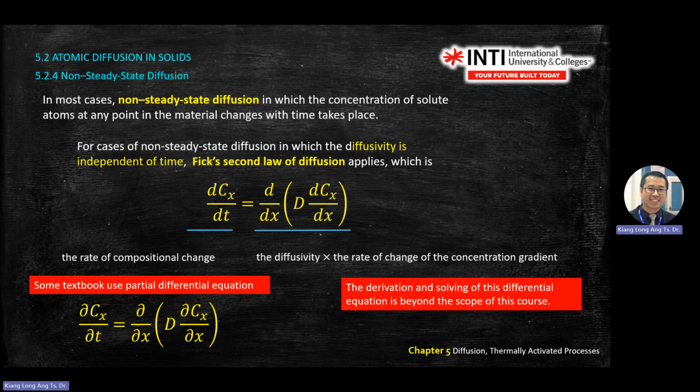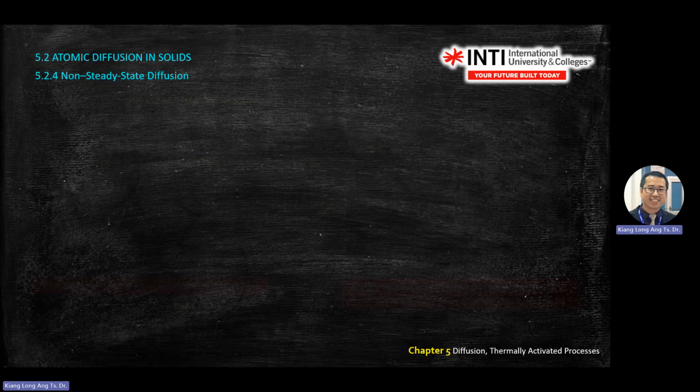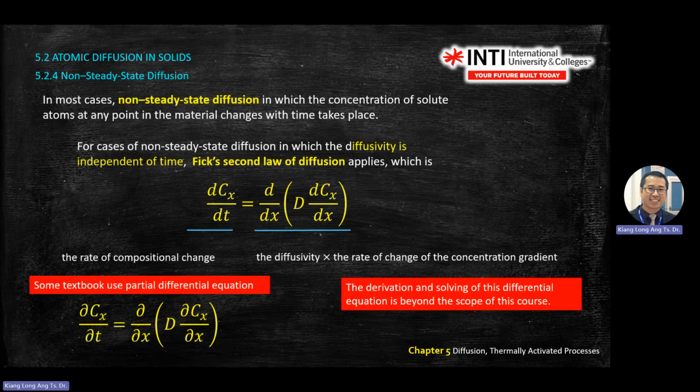When you use the limit to 0, you get d over dt. Now, non-steady state is usually gas to solid, for example. Non-steady state means the diffusion depends on time.